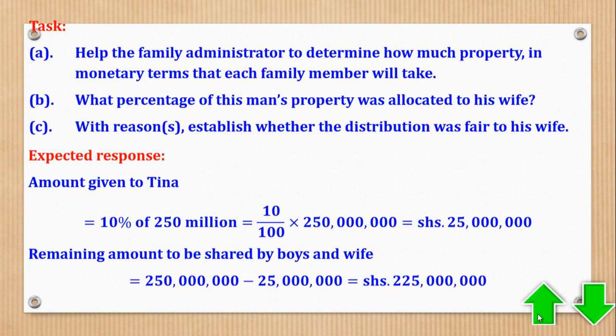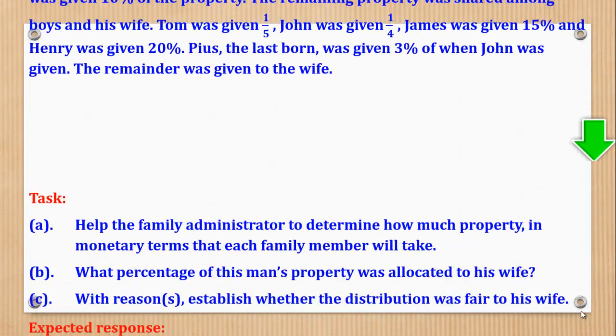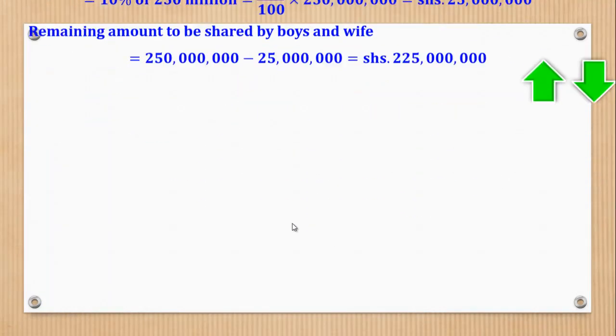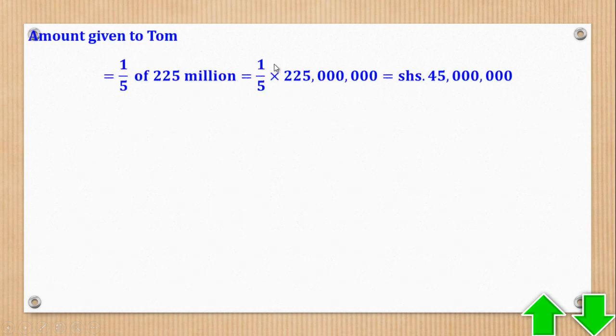Then they told us that of the remaining property, Tom was given a fifth. So we shall get a fifth of the remaining property. The amount given to Tom will be 1/5 of the 225 million, which is 1/5 times 225, to give you 45 million.